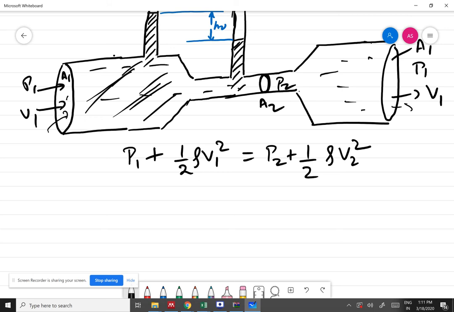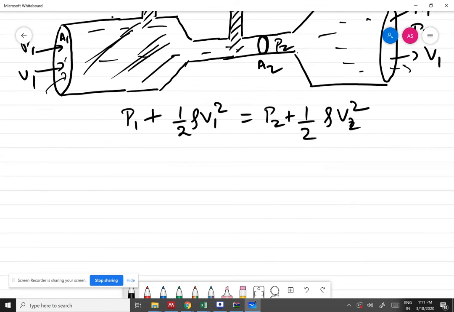So this is how you have to maintain the tube. You cannot have the tube set vertically or at some angle, because then this equation will not be valid. So this tube has to be parallel to the ground. Here the velocity is V2. So this is the formula which you are applying.